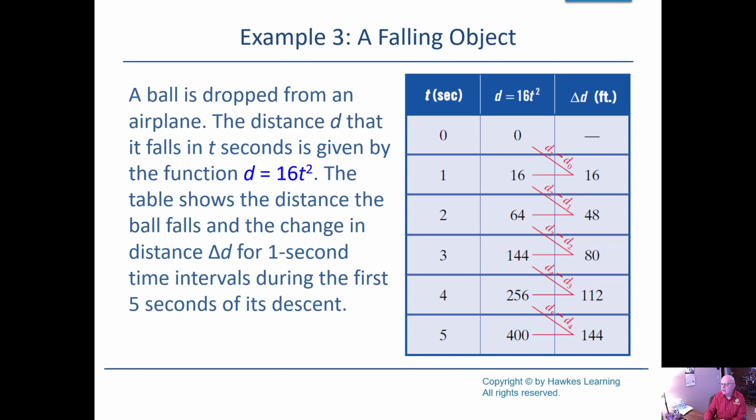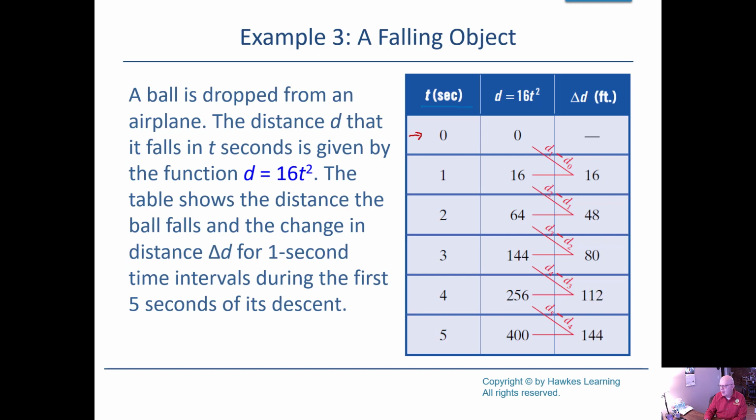Now, what does this mean? If you look at this first column, I'm going to put this back to red so you can see it again. There we go. These are t values, which, if you're familiar with x's and y's, would be like the x values.